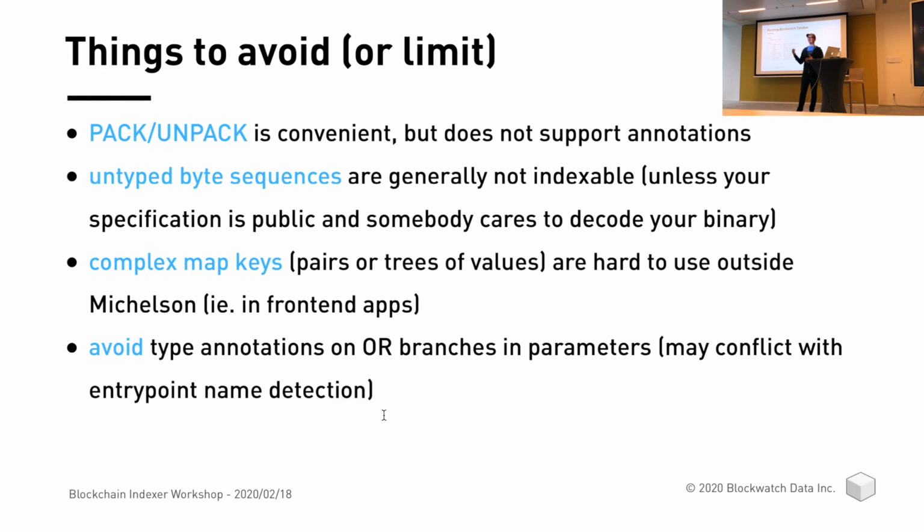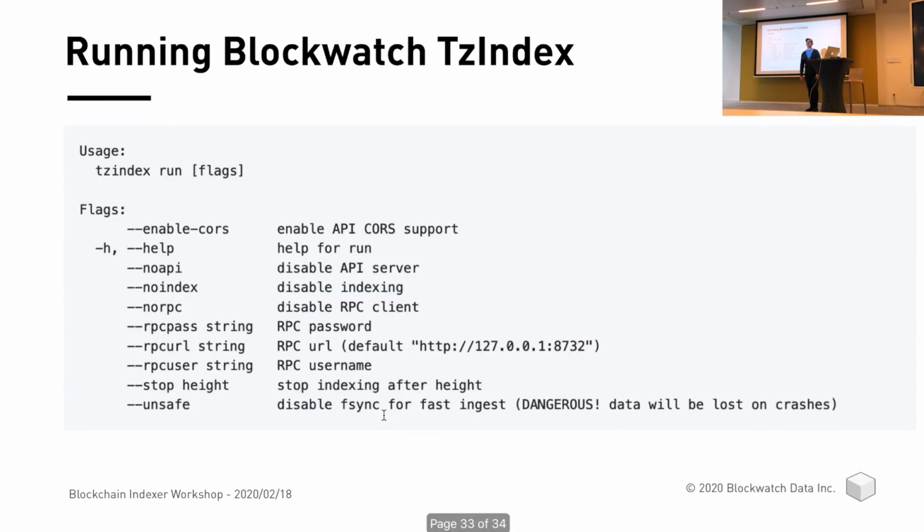If you don't want to use Docker, you can maybe ask me and I give you a binary for your system, whatever. The idea of running it is pretty simple. The name is index and then just a run command, and after this you give a flag, and the most important flag is this RPC URL down here, which just takes a string that connects to your blockchain node. And that's basically it, and then it should run.